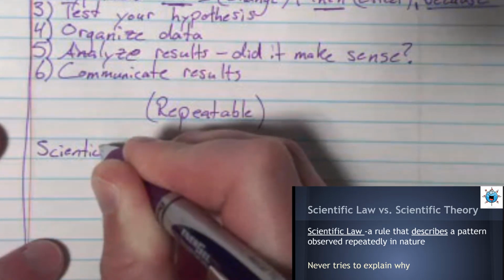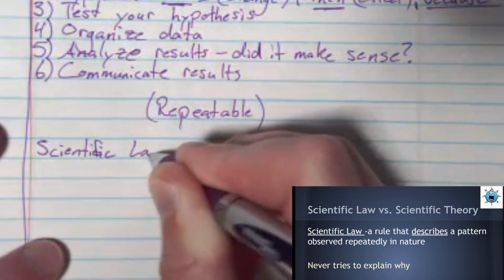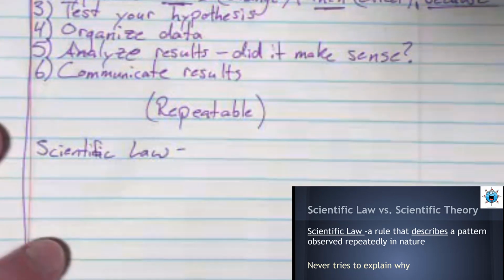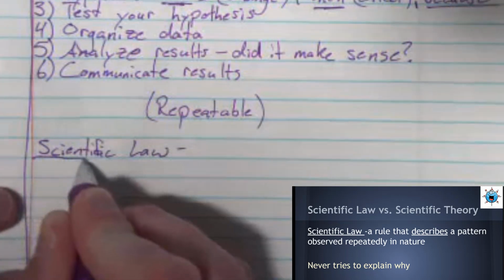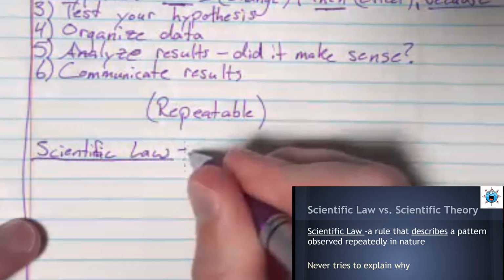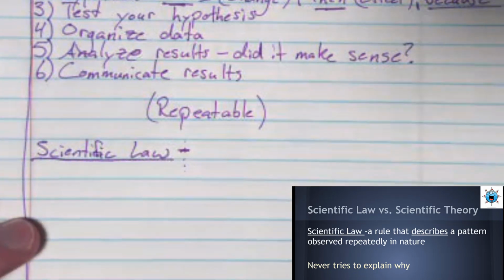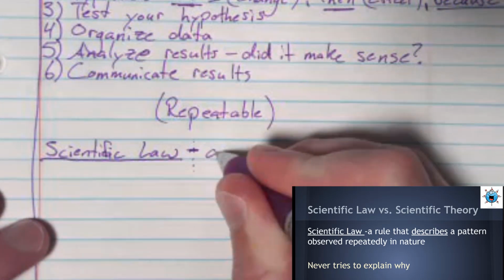Scientific, oh, I spelled it wrong. Scientific law. Got ahead of myself. Now this one, I'm gonna put our underline. Now I've got my imaginary line here because I made a dash. Okay. So a scientific law is a rule.